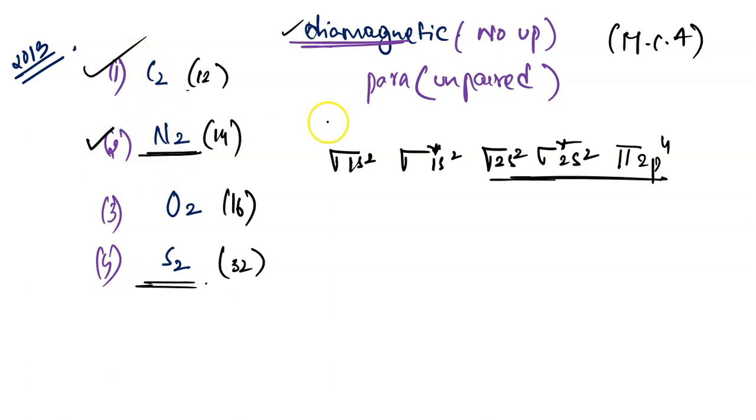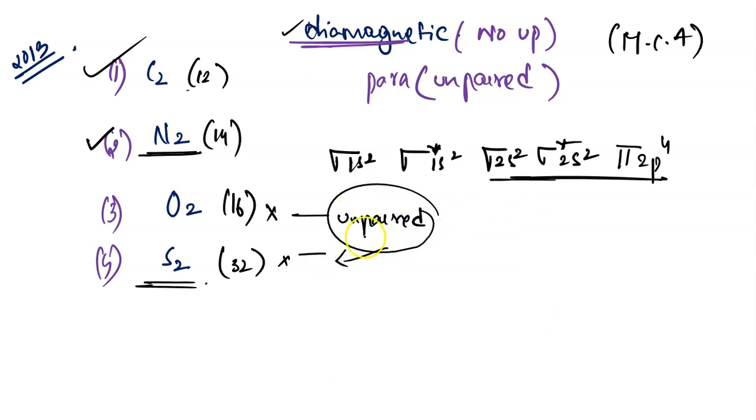So both C2 and N2 are diamagnetic by nature. But oxygen and sulfur are not diamagnetic because they contain unpaired electrons in their molecular orbital electronic configuration. So what did you understand from this?